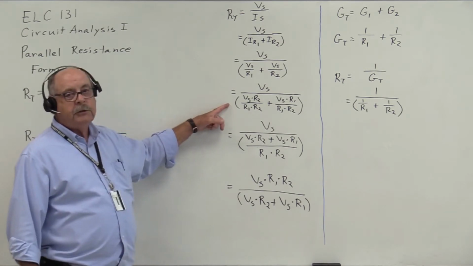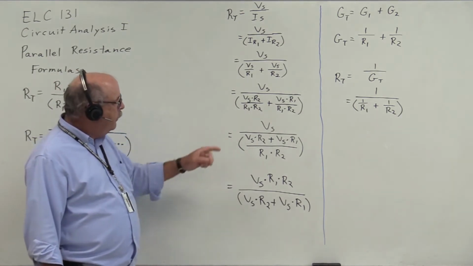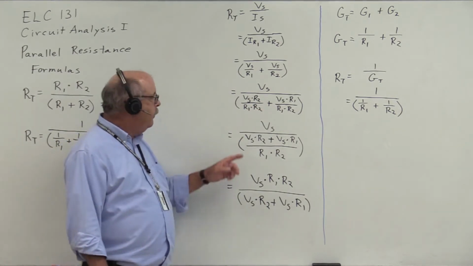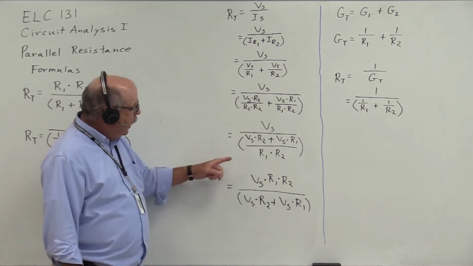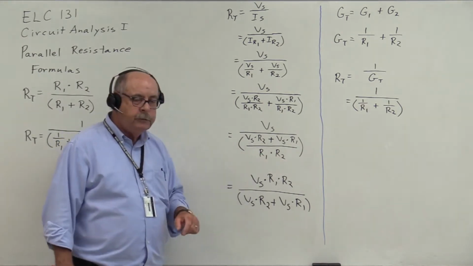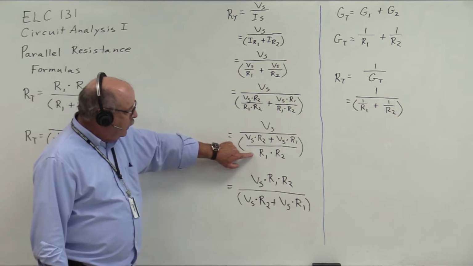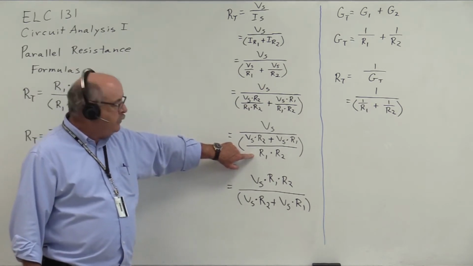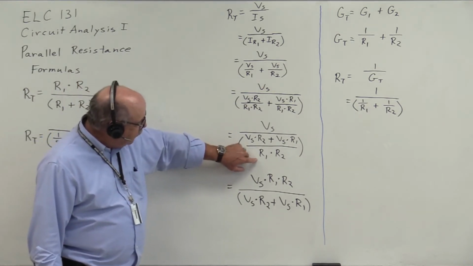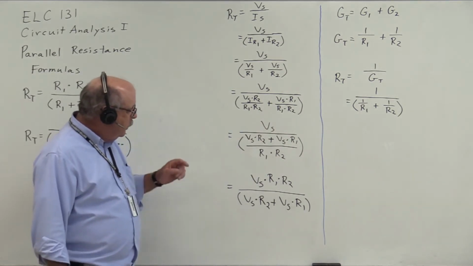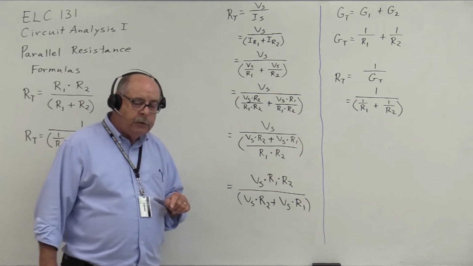yielding this expression. Now that each of the terms in the bottom of the fraction have a denominator of R1 and R2, I can combine these into one, and with R1 times R2 on the bottom of the fraction, I can multiply the top and the bottom of the fraction times R1 times R2.